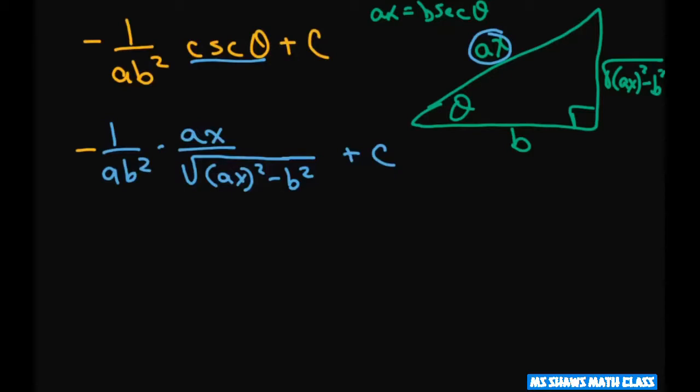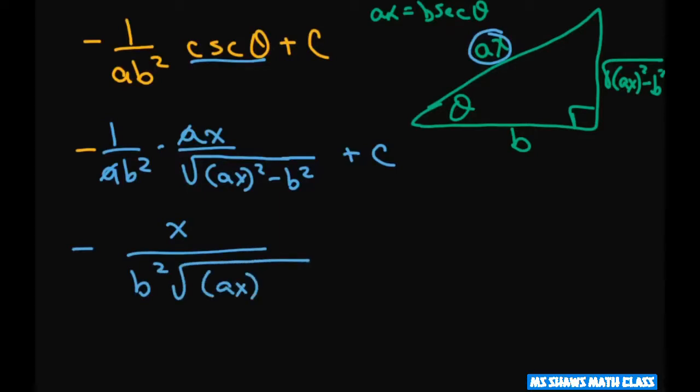So let's simplify this further. The a's cancel, so you're just left with x. So we have negative x divided by b squared times the square root of ax squared minus b squared plus c. And that's it.